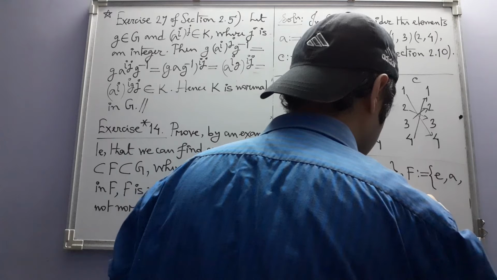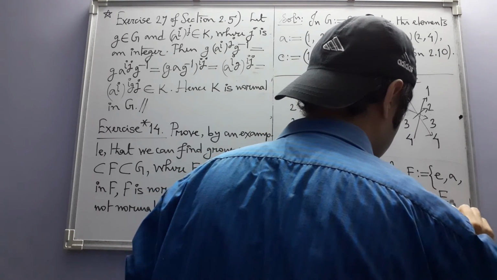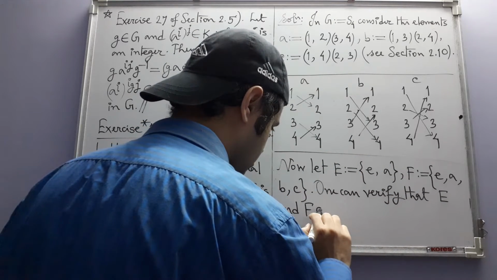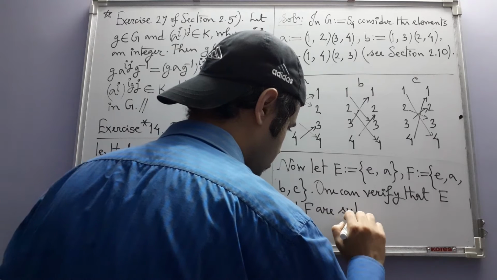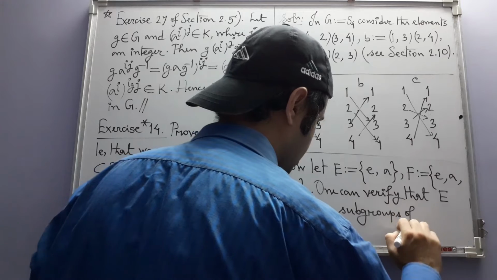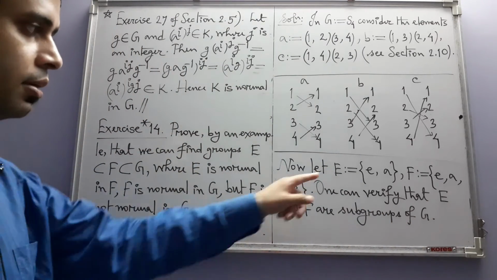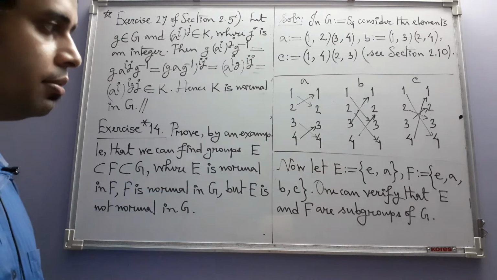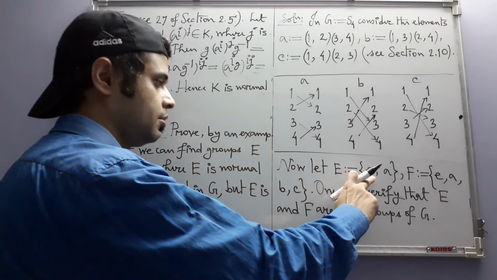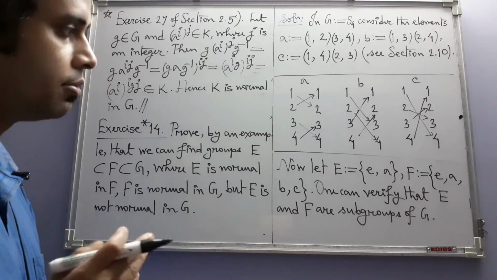One can verify that E and F are subgroups of G. This can be directly verified, which is particularly easy for E. To see that E is a subgroup, you just have to recognize the fact that if you calculate A square, then you get the identity.